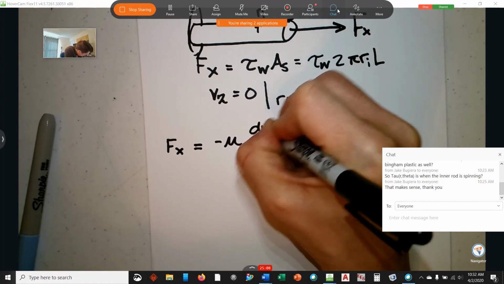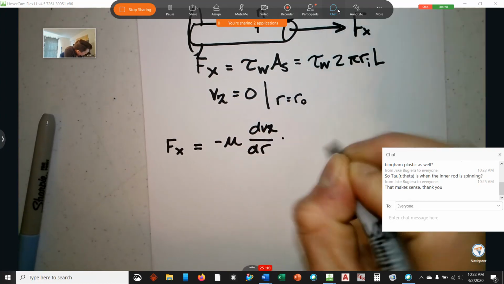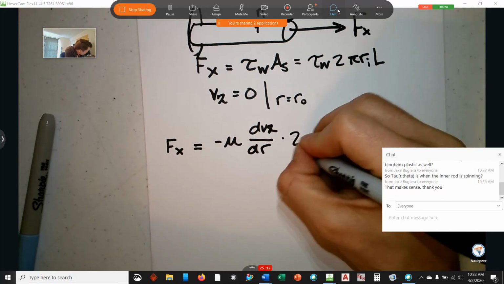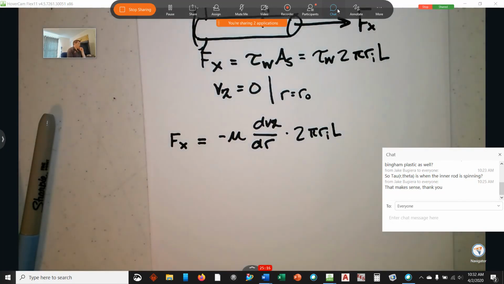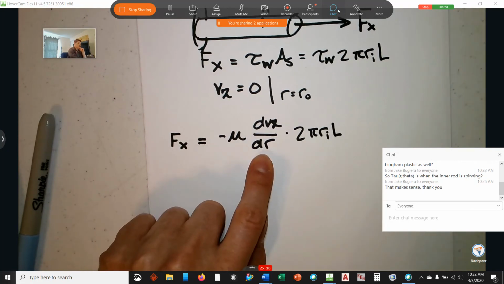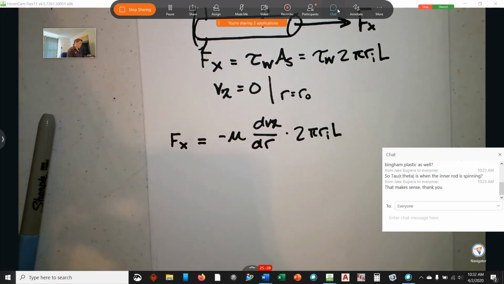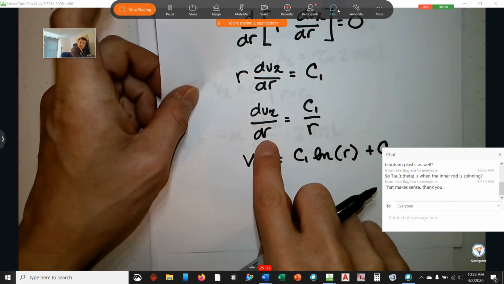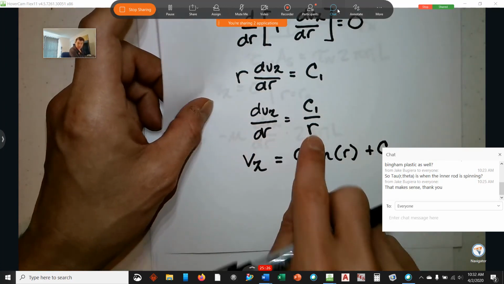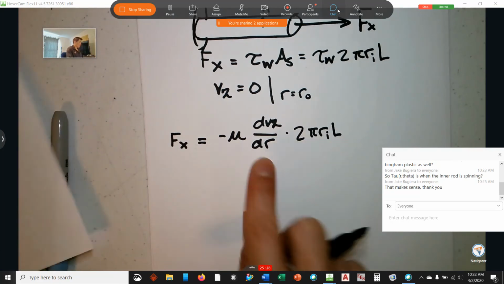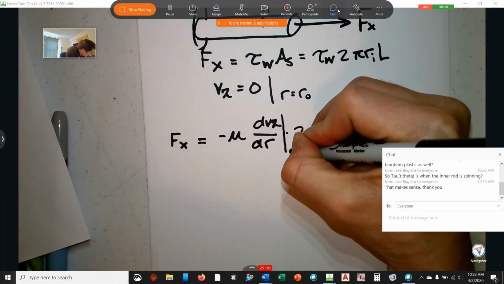times 2 pi Ri L. And the first derivative, we can kind of cheat. Again, we've already solved for this during the derivation. So we know dVz/dr is C1 over r, evaluated at the wall.